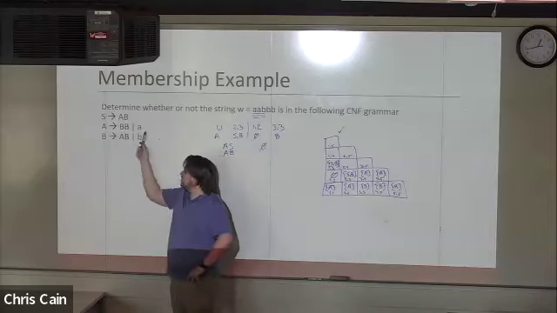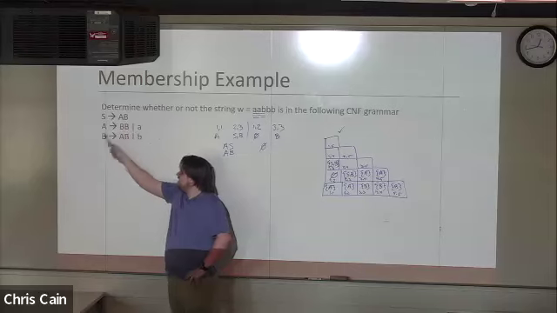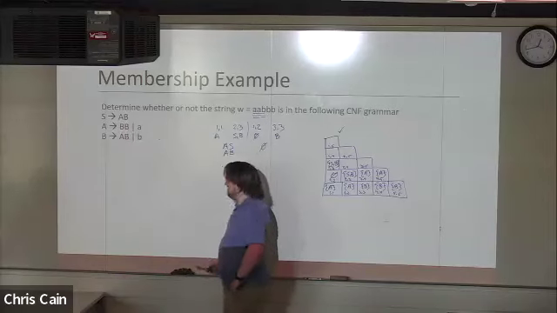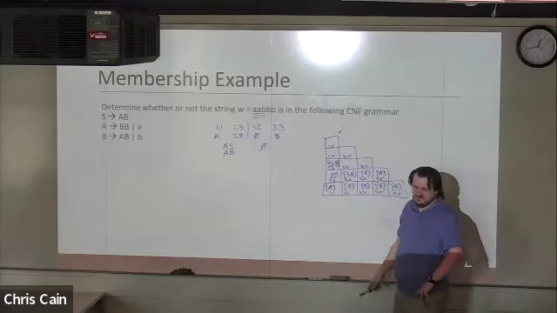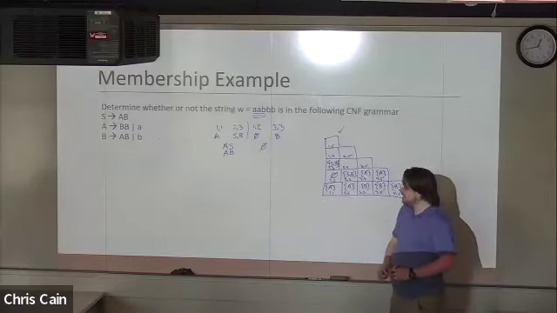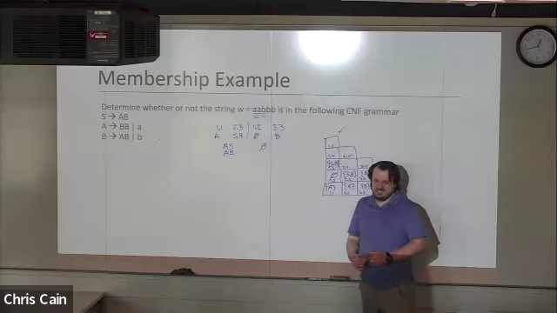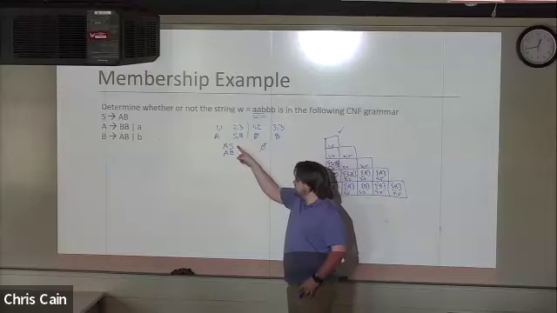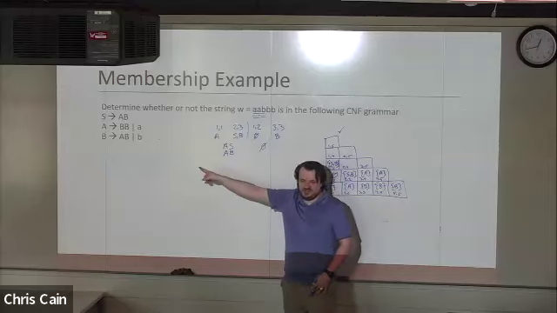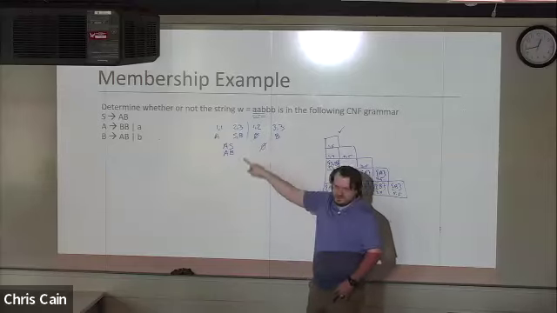And A cannot produce either one of those. S can produce AB, B can produce AB. So from this AB, we get S and B. You need to find the productions that produce the cross product. Yeah, so you're gonna take the cross product, and then you're gonna take the union of all non-terminals that can produce any one of those or more.